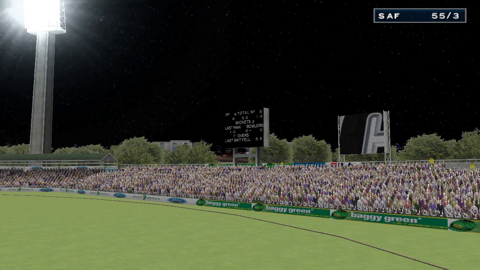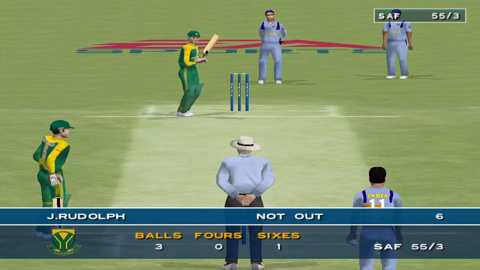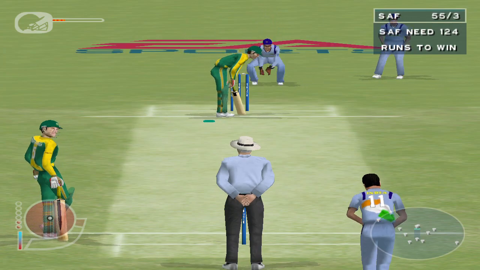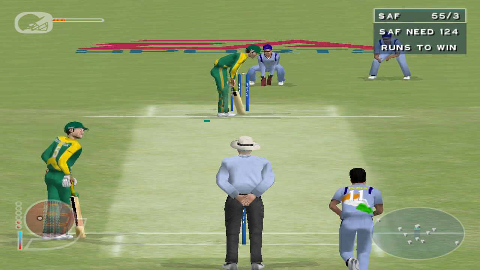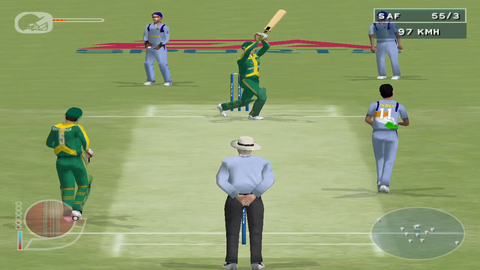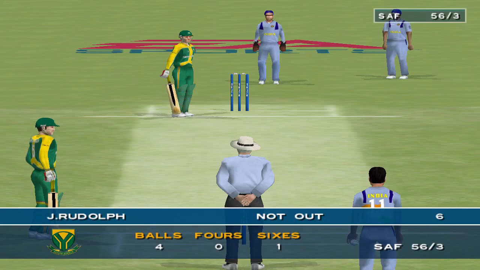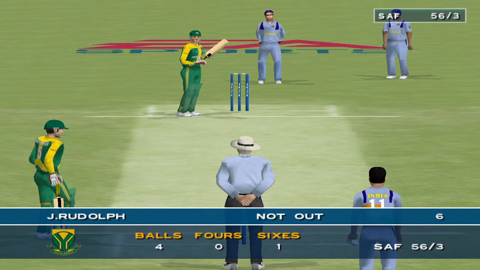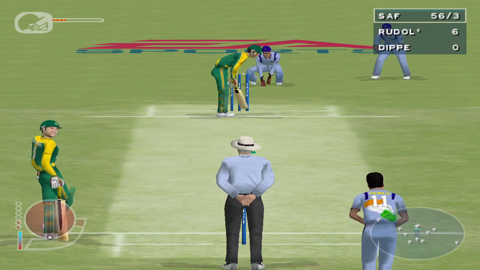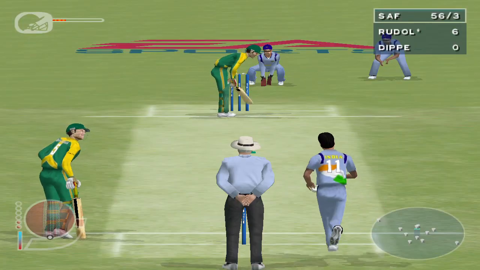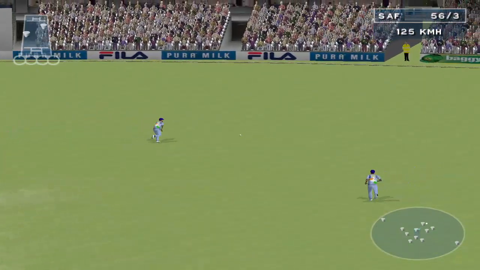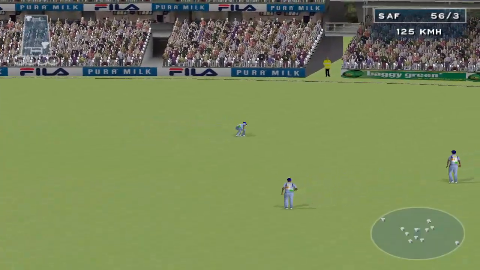Win from 27 balls. South Africa require 124 to win. Rudolph waiting at the striker's end. There was a no ball by Nehra. Tendulkar is after that one. Rudolph just guides the ball down to third man.